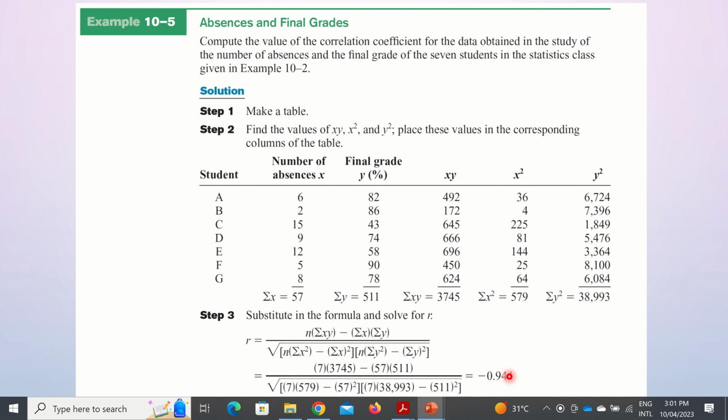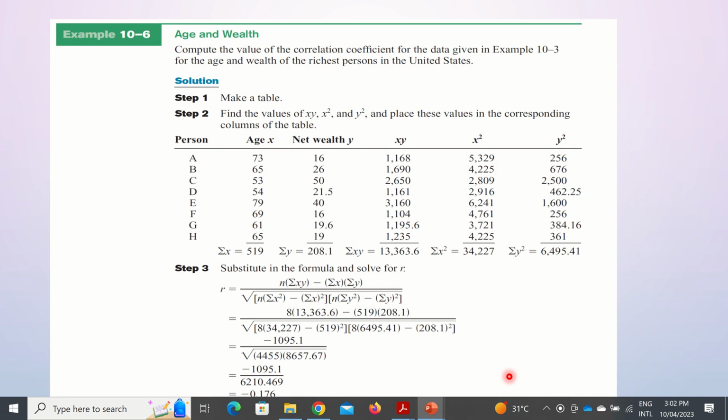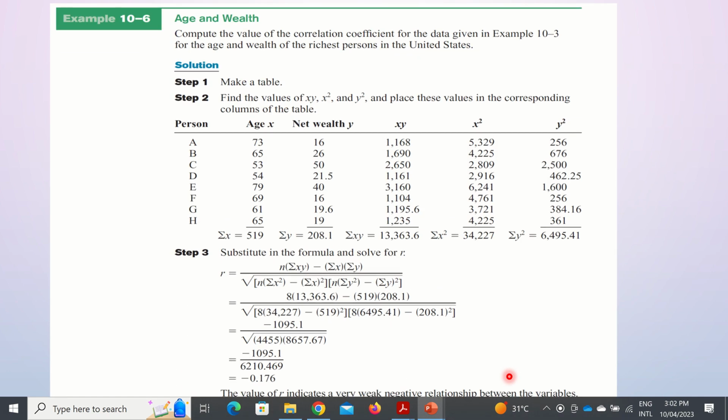Similarly, if you are decreasing the values of x, the values of y will be increasing linearly. That's why we are usually interested in both, whether it has a negative linear relationship or a positive linear relationship.